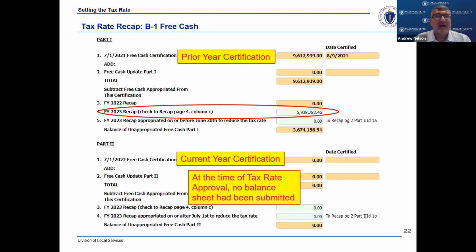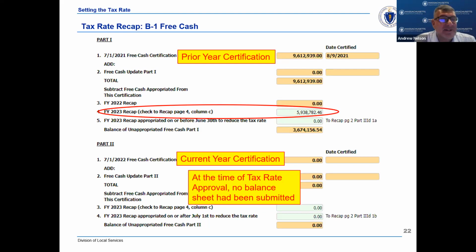Free cash, as you know, expires every June 30. Same with retained earnings for your enterprise funds. They expire on June 30. You then submit a new balance sheet as of July 1st, and your rep will certify that. Once you have it certified, it is available to be spent again.